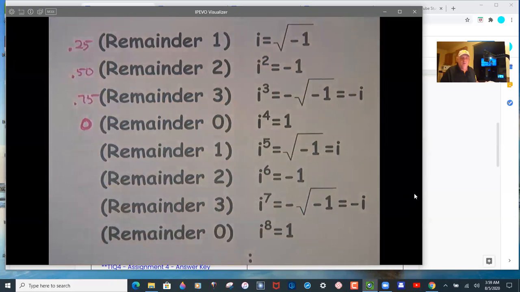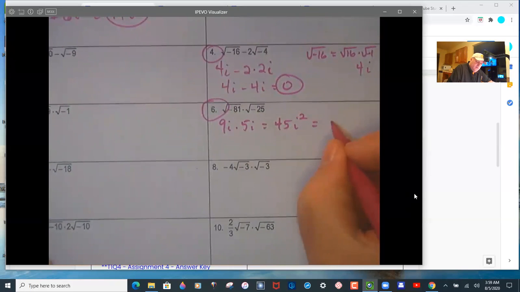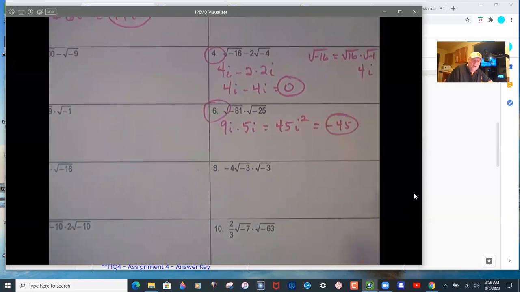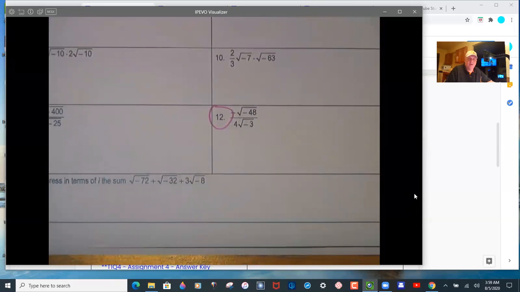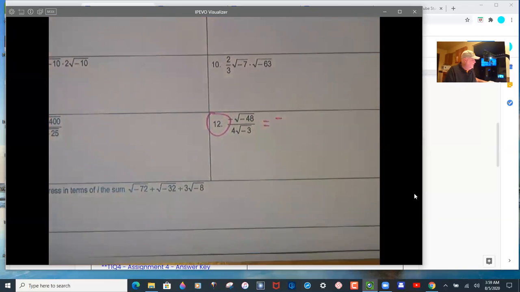Notice how this repeats for every block of 4, and we're going to get into that in the next assignment. So i squared is simply -1. I want you to say that to yourself 5 times: i squared equals -1. It's like a sign change.